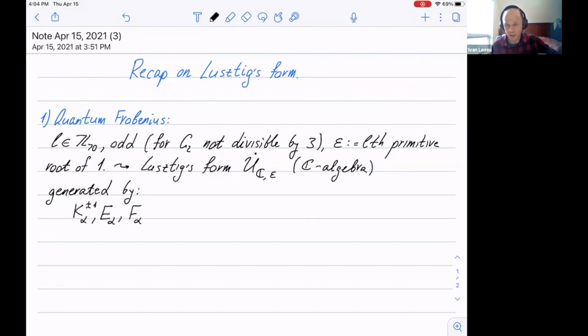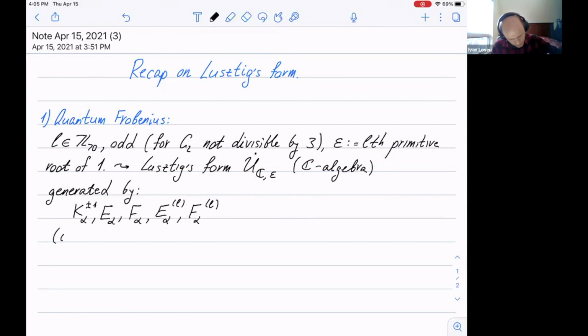But we have additional generators which are divided powers: E alpha to divided power l, and F alpha to divided power l. And since we are working over complex numbers, that's enough.